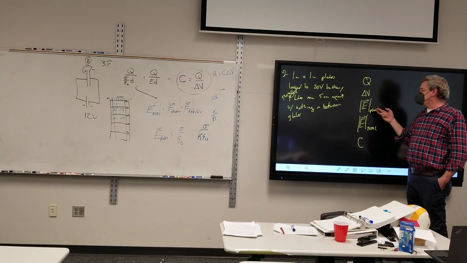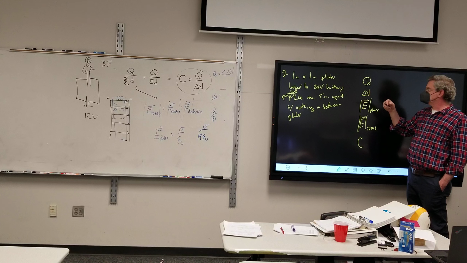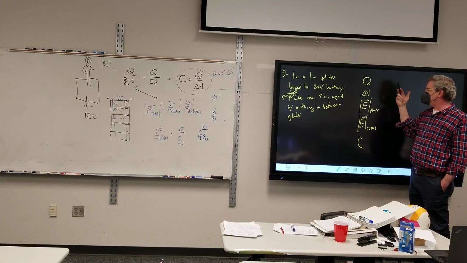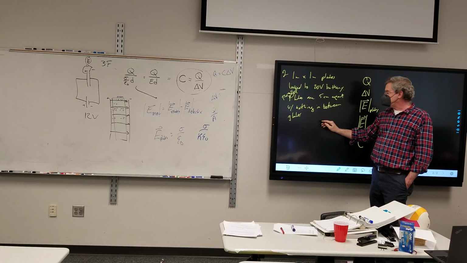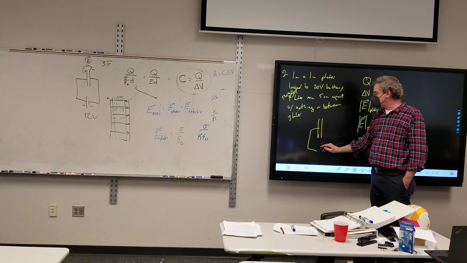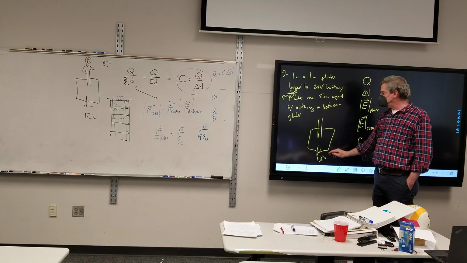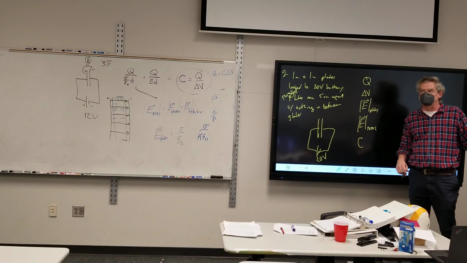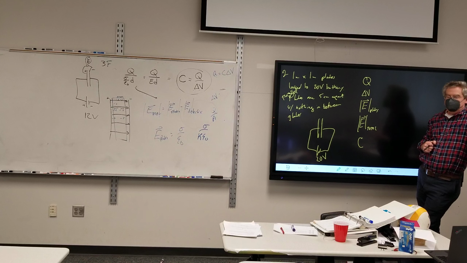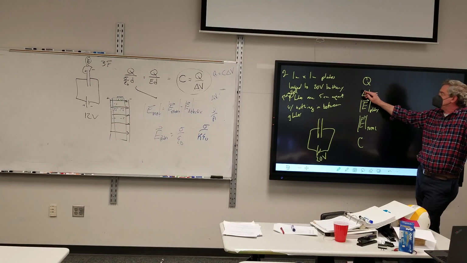Well, we can't find the electric field until we find the charge, but the voltage we could find right now, because I have a parallel plate capacitor hooked to a 20-volt battery. So what is the voltage between the two plates? Negative 20, depending on which way you go, so I'll just make the absolute value 20 volts.